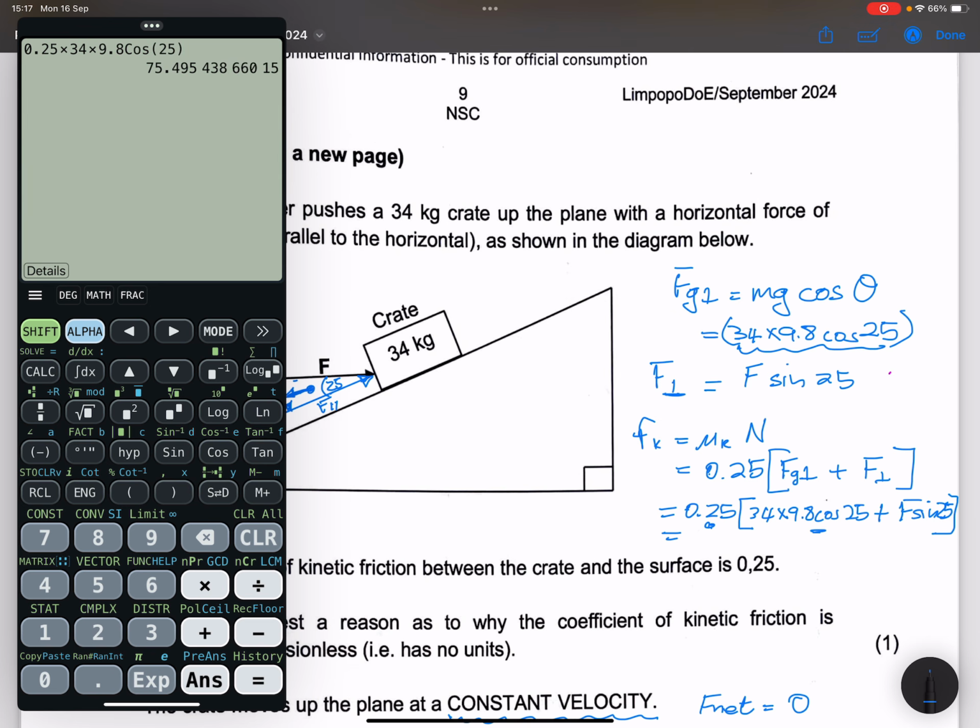And I get 75.4, well, 75.5, right? 75.5. And then I've got plus 0.25 times sine 25 F. So I have 0.105 F.